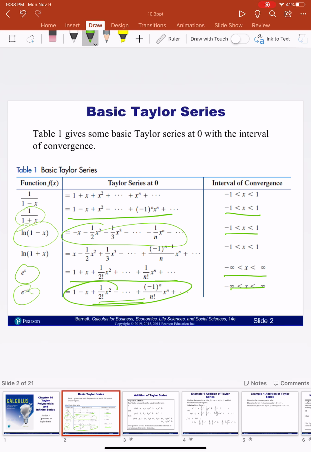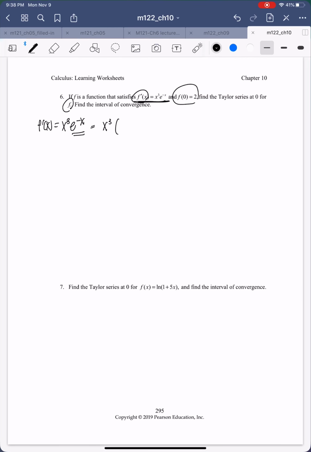This part in the parentheses is from table 1.